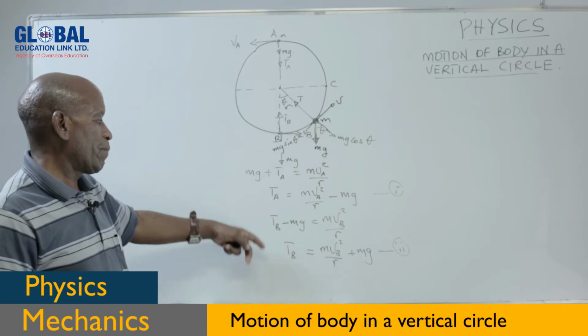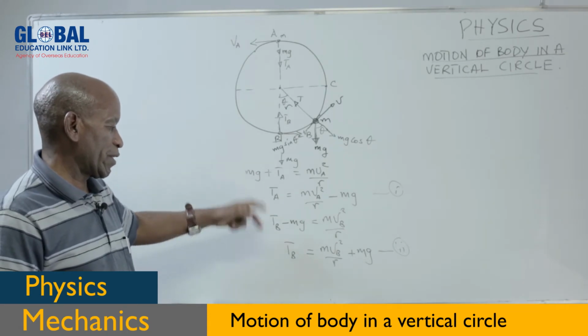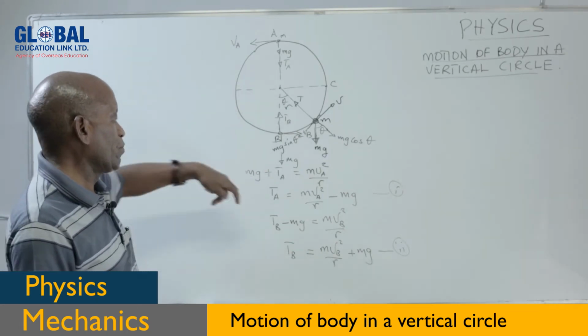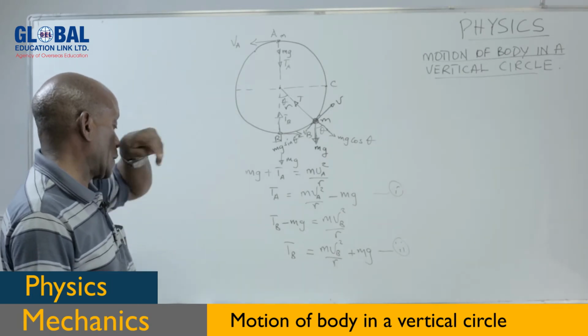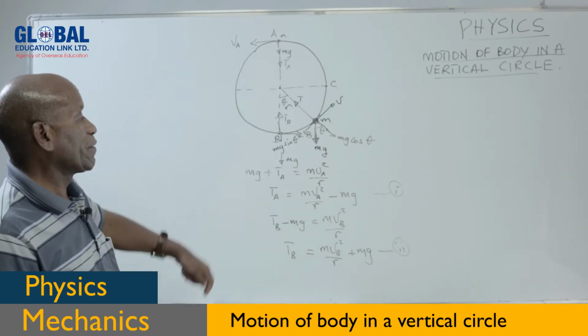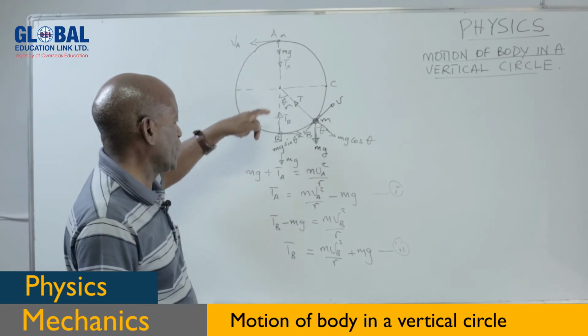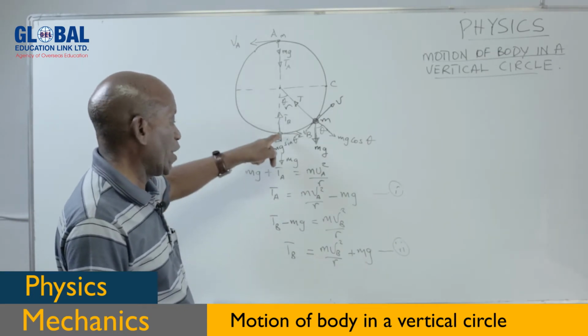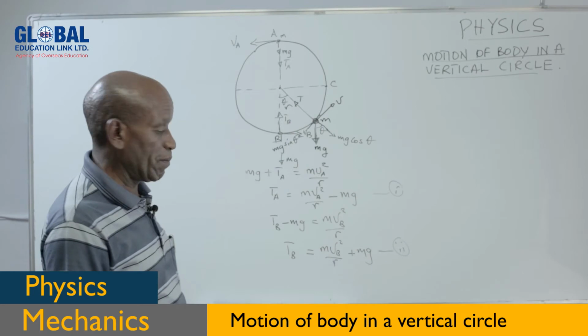Now, if we compare these two expressions, taking a body moving in the same radius, you'll find that the tension developed at the lowest point is maximum.